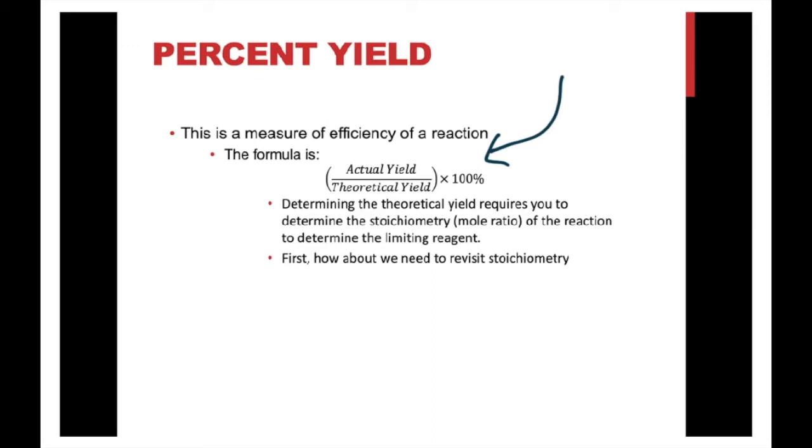So one of the first things you need to do is figure out the stoichiometry of the reaction, right? So how many moles of starting material are needed to make the product? You need to know what that ratio is. And so before we get too far into how you calculate theoretical and actual yield, I want to take a look at stoichiometry.